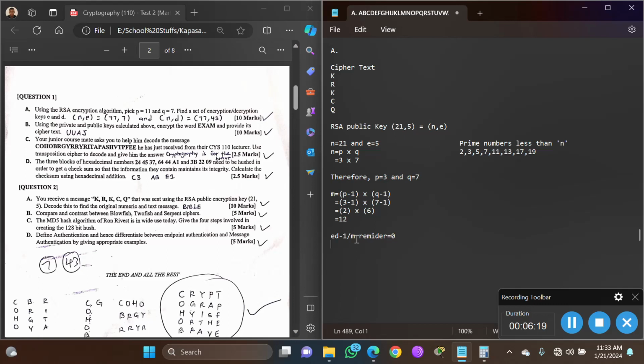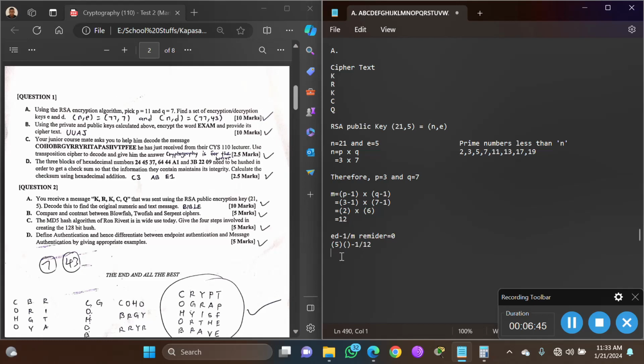Our E is 5, so where there's E, you put 5. We don't know D, so I'll leave it blank. Then minus 1, over M. Our M is 12 based on our calculations. Now we need to start. We have 5, which is that.